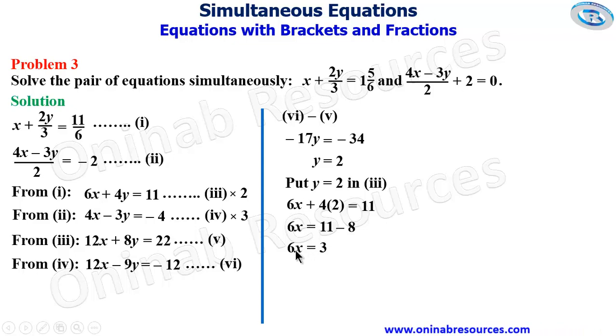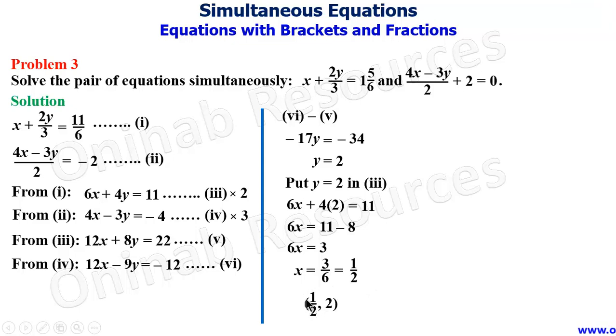Dividing both sides by 6, x is 3 over 6, and this is not in the simplest form. So in simplest form, we have it as 1 over 2. So we now have it in coordinate form as 1 over 2, comma 2. So that's all for the solution of problem 3.